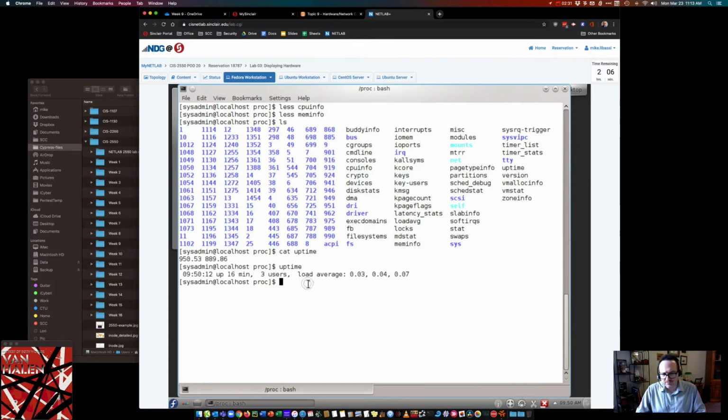So in any case, sometimes when you use stuff in proc, it's not going to be the easiest thing to look at. Uptime's a good example; cpuinfo and meminfo are pretty easy to look at. But as you saw with the uptime command, there are commands that harvest this information and display it in a more user-friendly format.